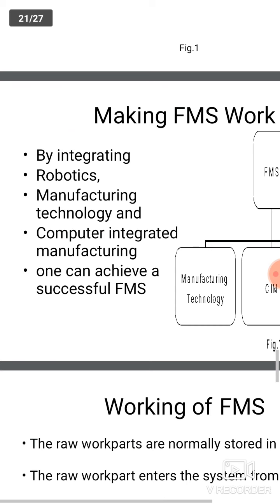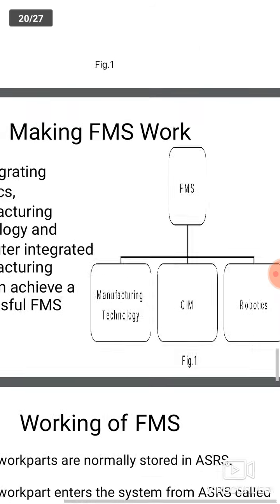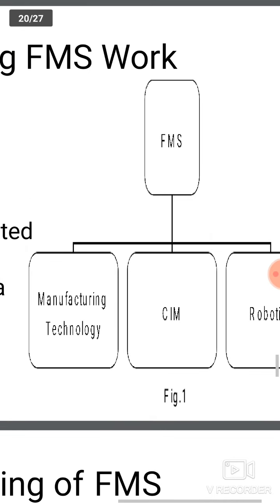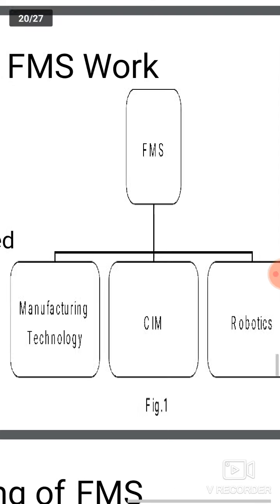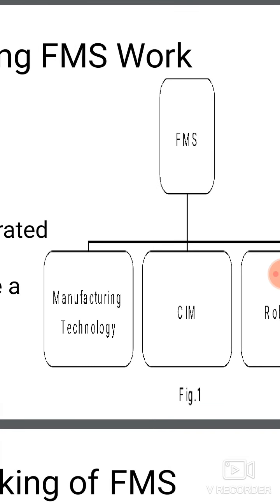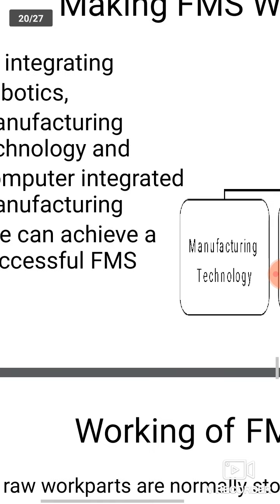So by integrating robots, manufacturing technology, and computer integrated manufacturing, one can achieve a successful FMS. Here FMS is connected with manufacturing technology, robot, and computer integrated manufacturing, which we'll see in the next class. With all this combination the FMS will run.